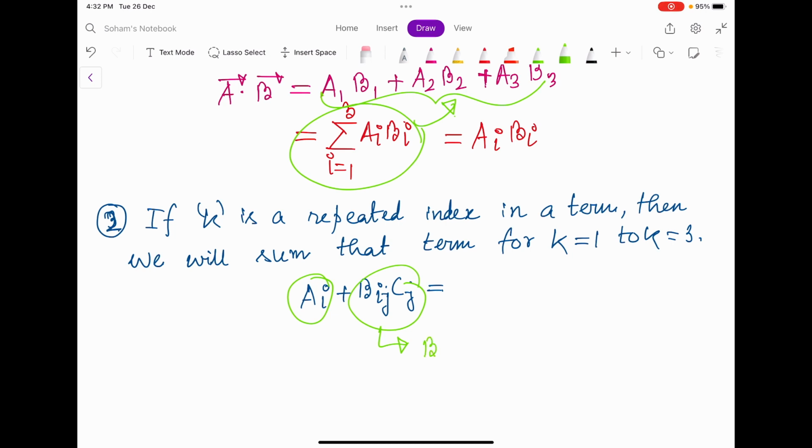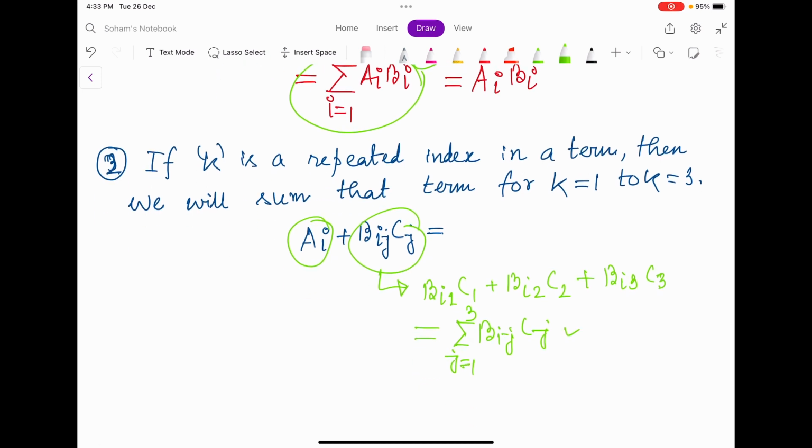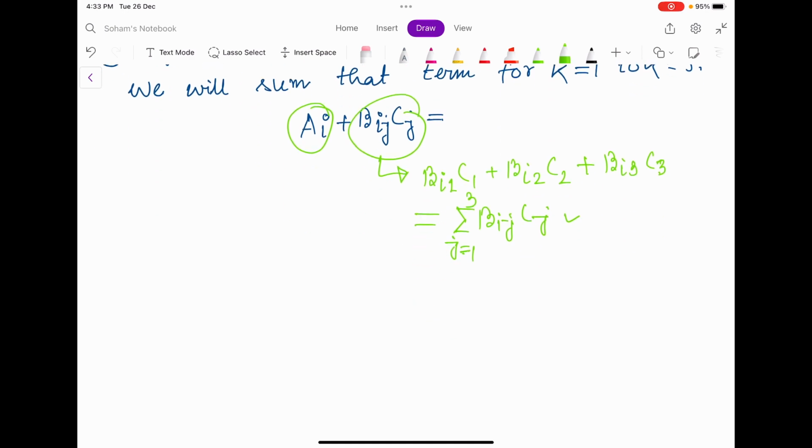This essentially means bi1 c1 plus bi2 c2 plus bi3 c3, and that is essentially bij cj, j is from 1 to 3, right? So the summation is applied over the index j. So this is the significance of the repeated index. I hope this is clear.